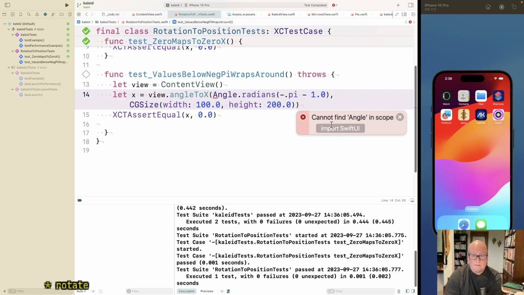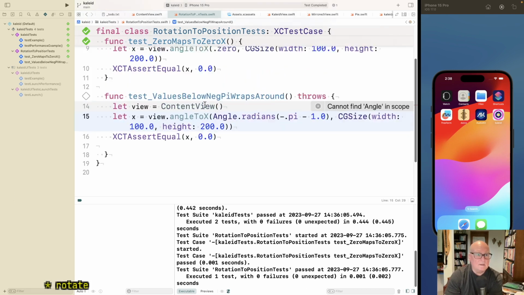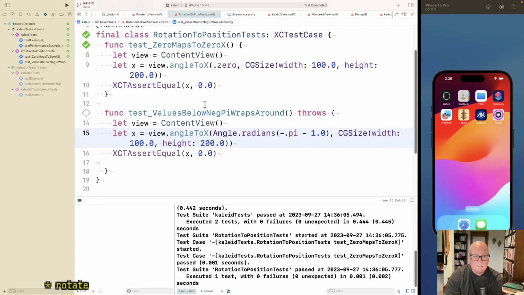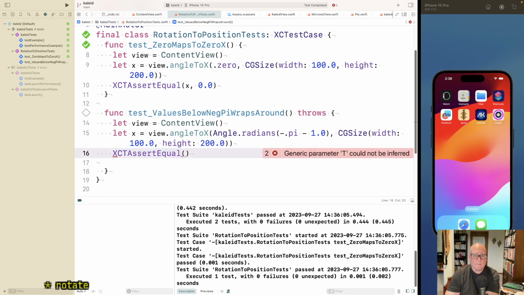Can't find angle. Okay. All right, and then the answer should be, well, we're going to look at x. It's going to be some value with some amount of fuzz because we're dealing with floats.